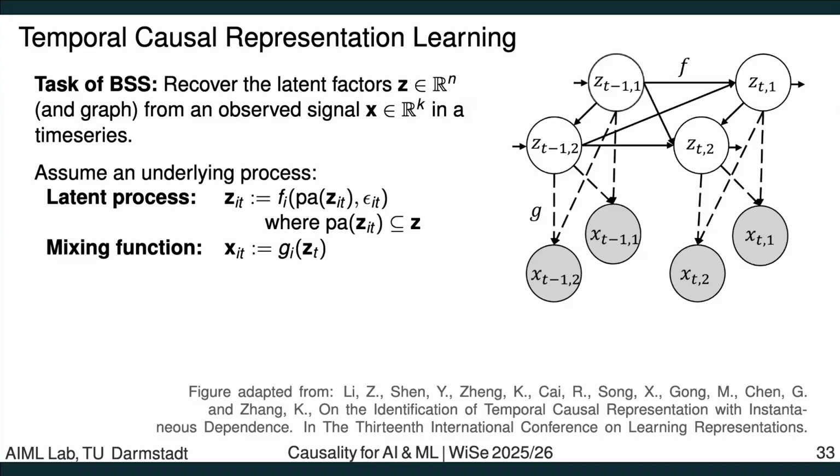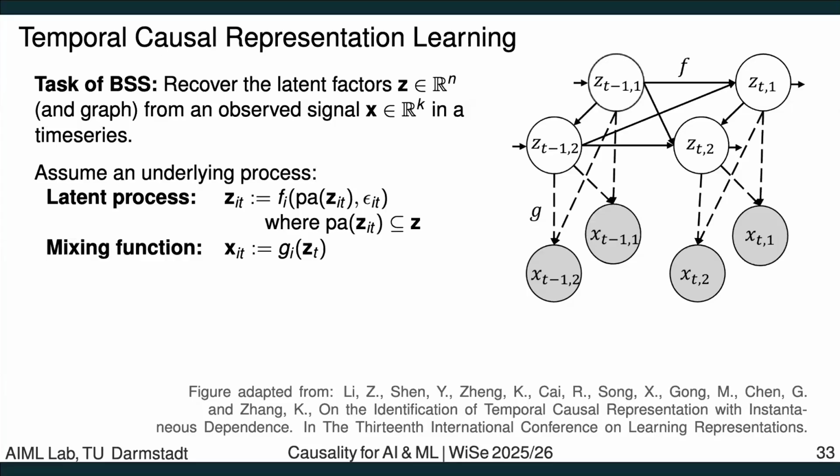And then again, this F function, this process function, moves the latent vector from the last time step to the current one, or from the current one to the next one. Depending on the assumptions, there might be causal links between these sets at the current time step, so we have instantaneous effects.